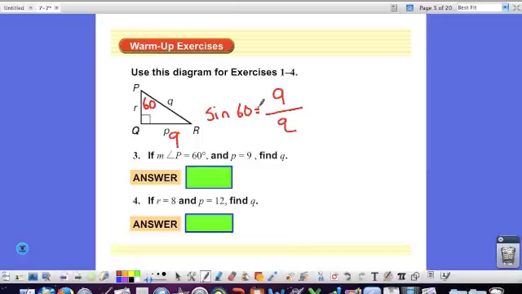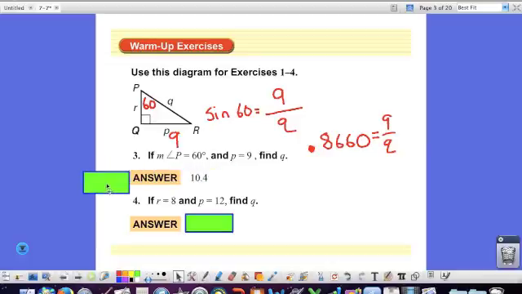In my calculator, the sine of 60 is 0.86602, equals 9 over Q. I'm going to multiply by Q and then divide 9 by 0.8660, and I get 10.392. That's going to round to 10.4. So the length of this is 10.4.